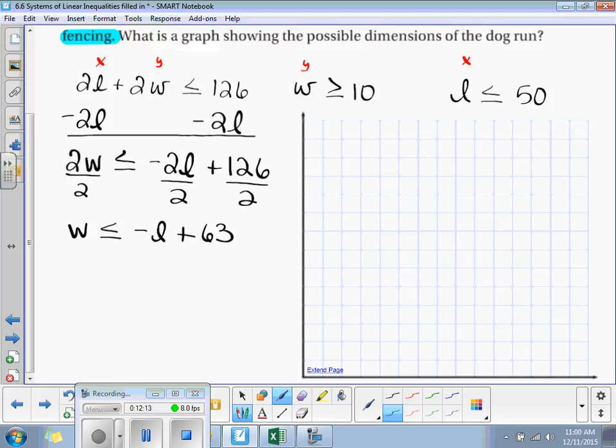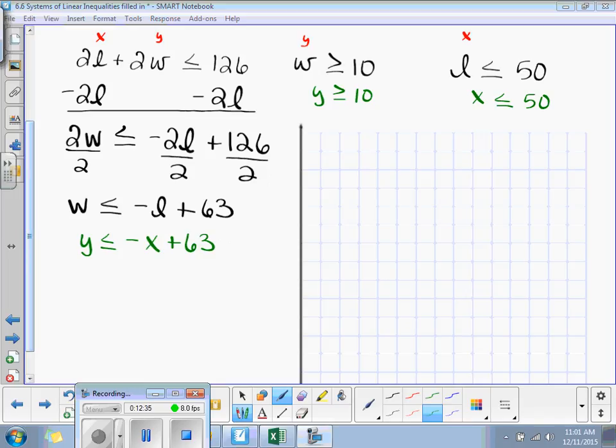Okay? So if I wanted to write this in slope-intercept form with the x's and the y's, let's say that this says y is less than or equal to negative x plus 63. You see how we did that? Is that clear? Okay. All right, so now we have our inequalities that we're going to graph.